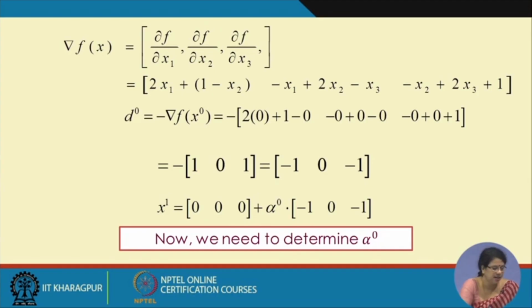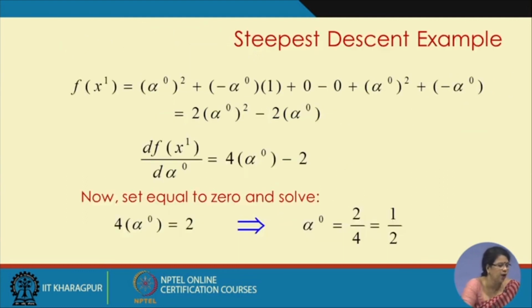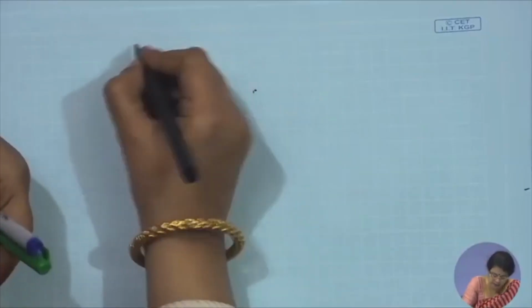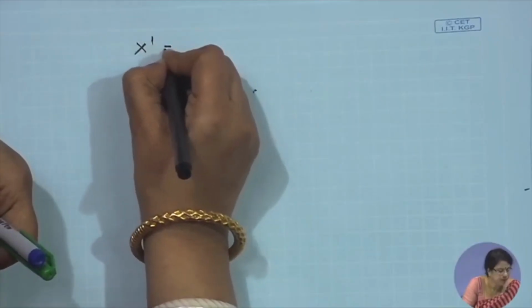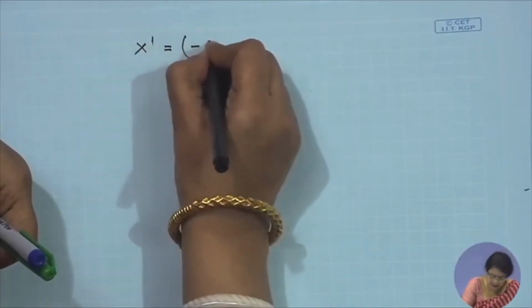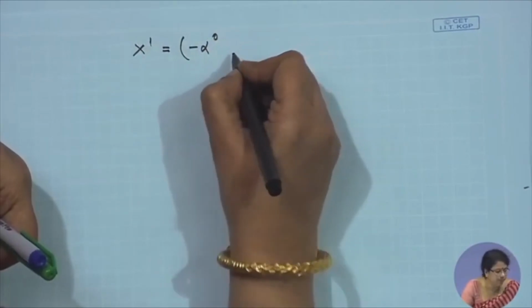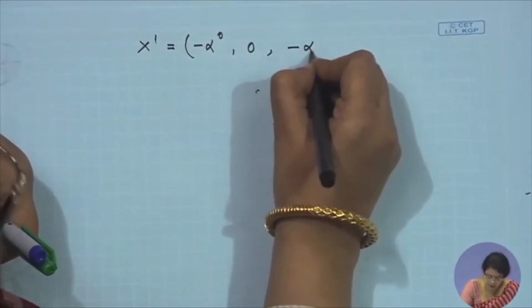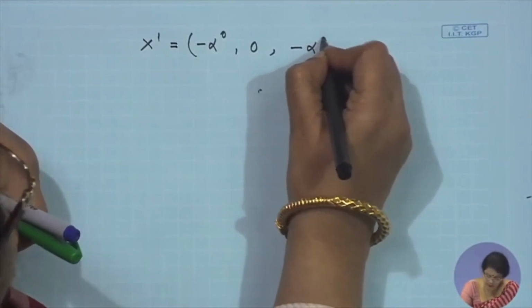Now, I did the calculation for you. For f(x1), if we substitute the previous value, x1 is coming as minus alpha 0, 0 minus alpha 0.